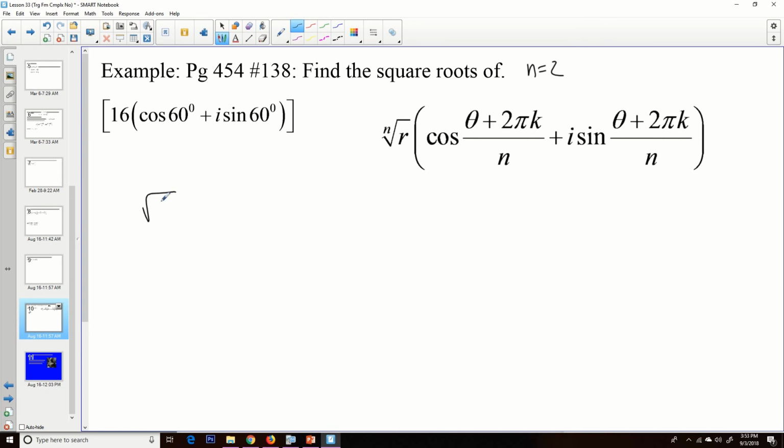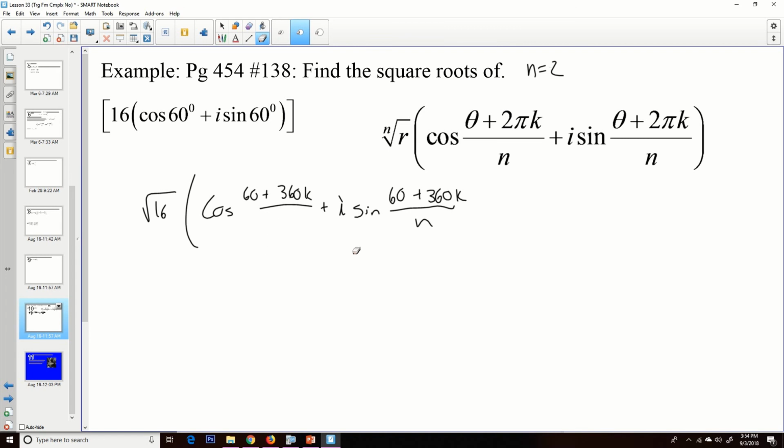And so we'll get the square root of 16, and then we'll write the cosine of theta, which is 60, plus 2 pi, so I'm going to write 360 times k all over n plus i sine, and again 60 plus 360k over n. And since I already have n equal to 2, we're going to go 2 there, 2 there, and then we're going to say where k is equal to 0 and 1.